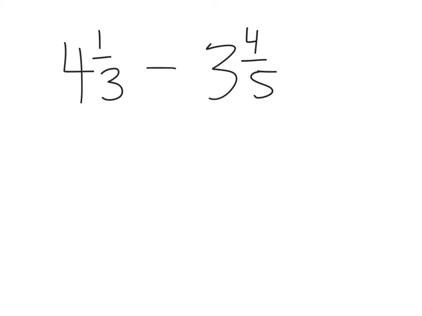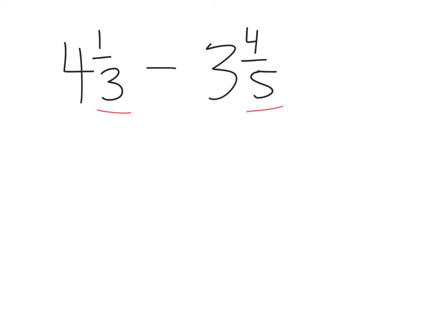So let's look at this problem. I think the first thing that you need to learn as a student is when to rename and when not to rename. So the easiest way to spot it, in my opinion, is looking at your fractions first. So I'm going to underline the fractions.